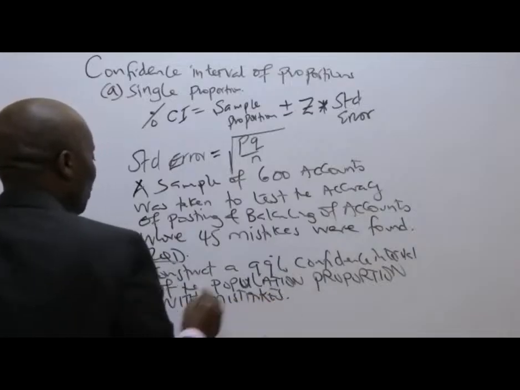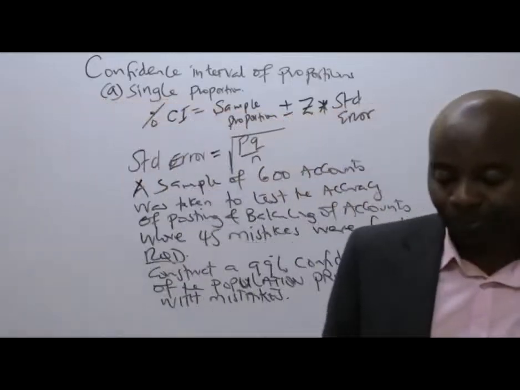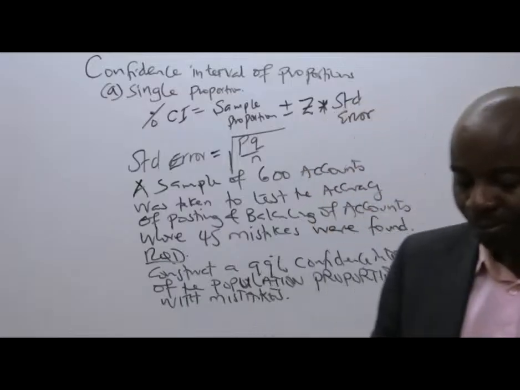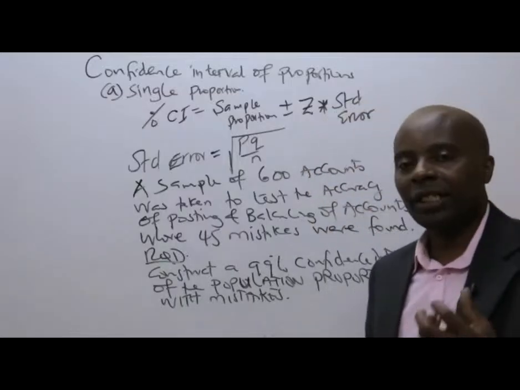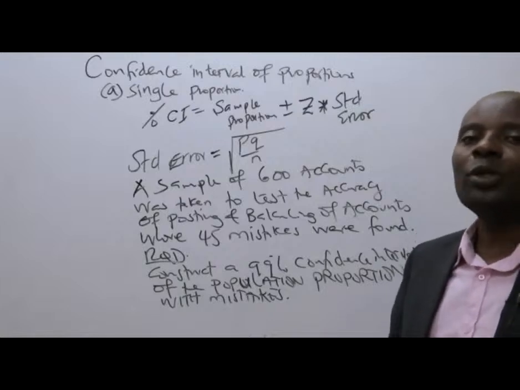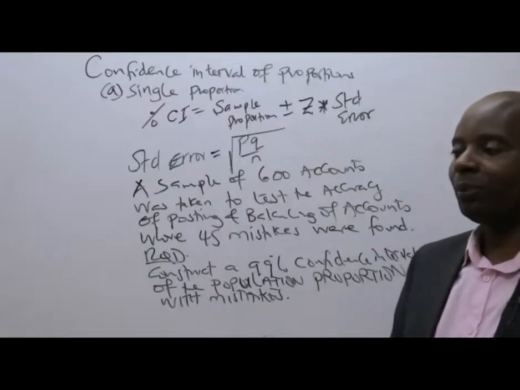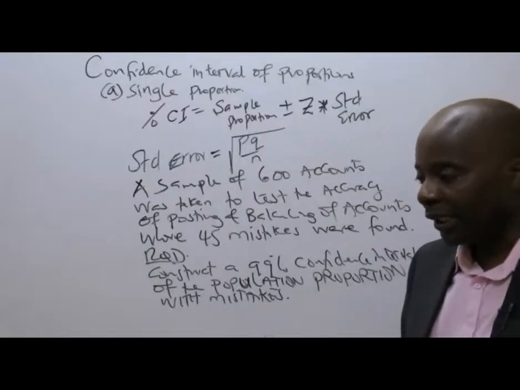So for us to be able to know the kind of audit techniques we shall be using, we would want to know the population mistakes. Where do they fall? What magnitude am I looking at?